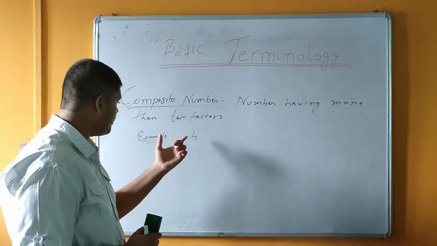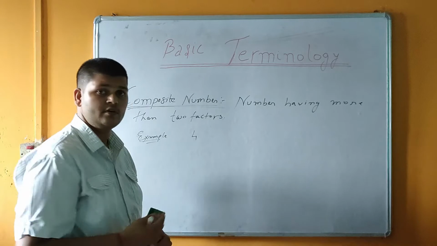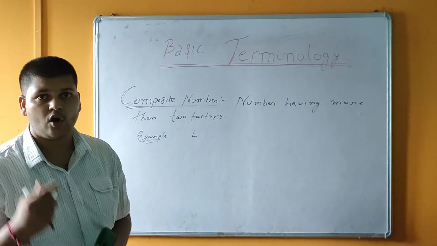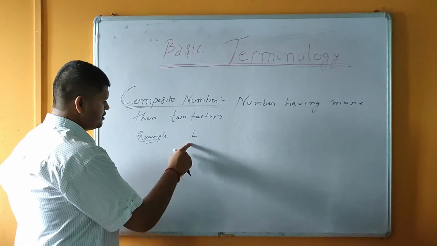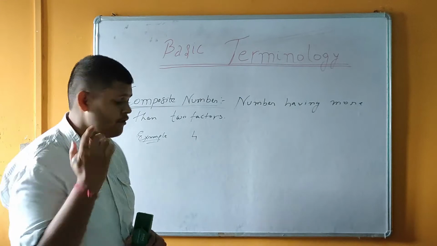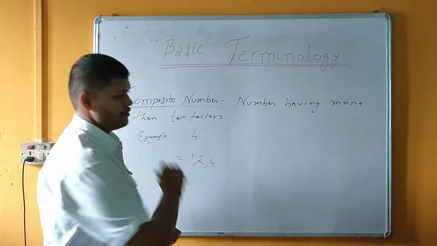Now this 4 is a composite number, I am telling. How can you justify whether this 4 is a composite number or not? In order to justify that, you have to find all the factors of 4. What are the factors of 4? 1, 2, 4.